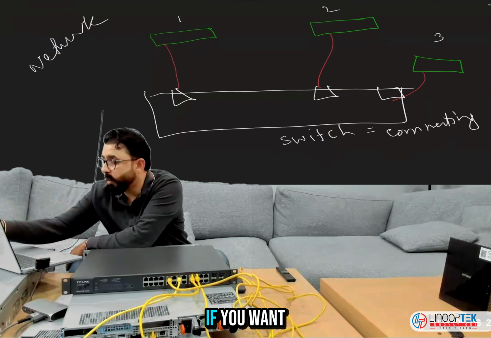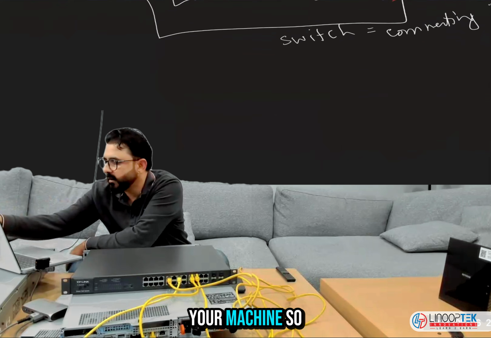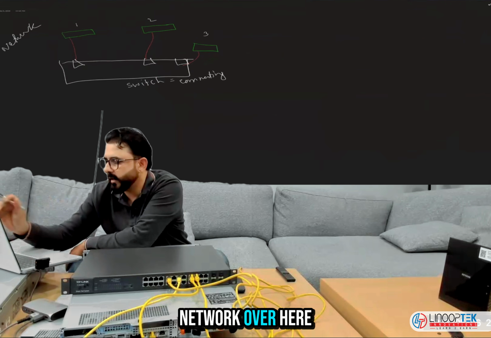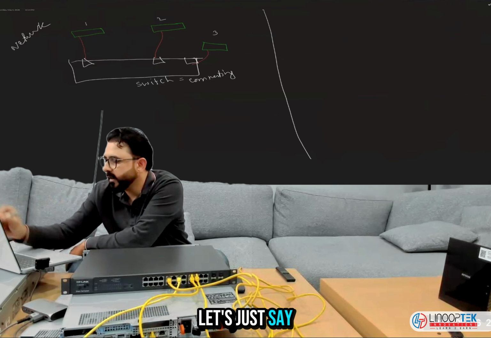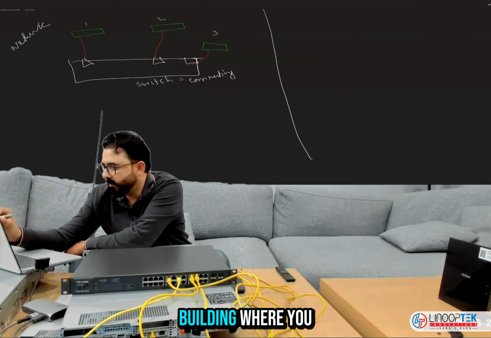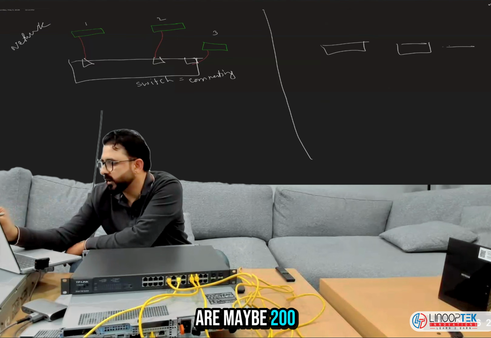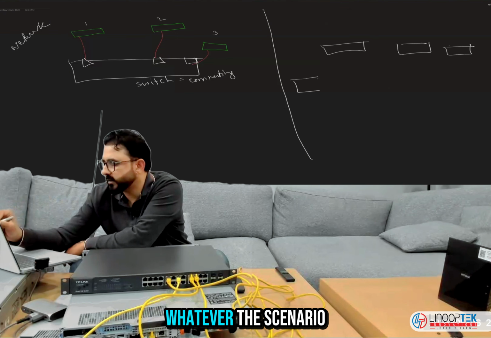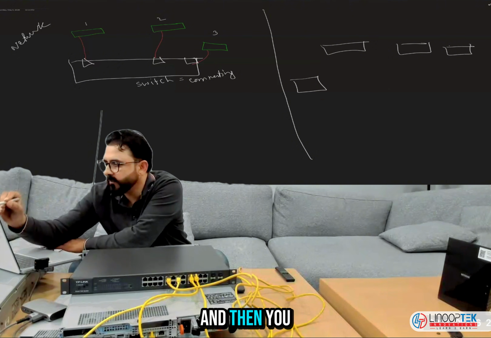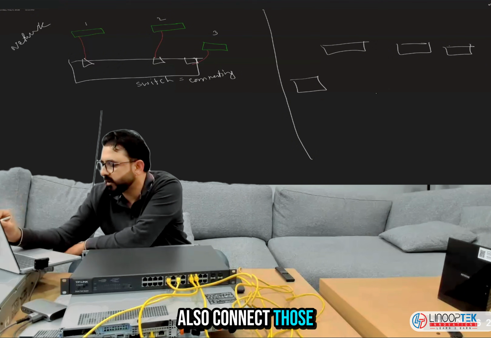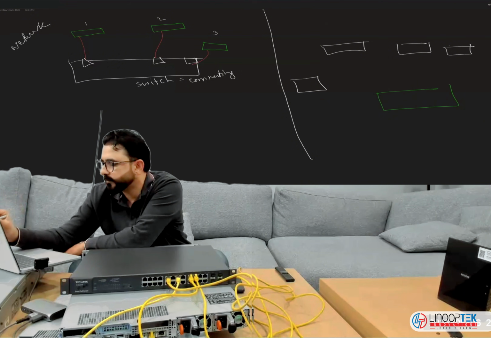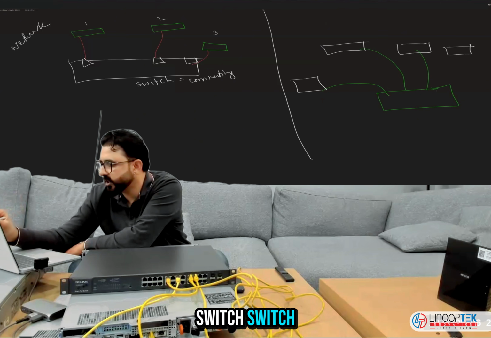Now, if you want your machine, so you have a network over here. Let's just say there's another building where you have a server, couple of servers, or maybe 200 servers or 500 servers, whatever the scenario is. And then you also connect those servers to a switch. So, this server gets connected to the switch.